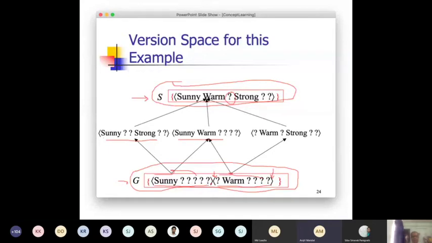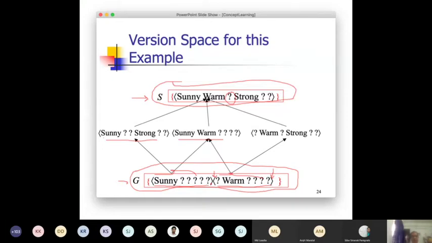But if there is another example in the training set which includes the third argument and it is negative, then unfortunately by making the first argument a question mark, this negative example will also be satisfied. Actually, Find-S does not look at negative examples, and it assumes that your target function exists. That is the limitation in Find-S.